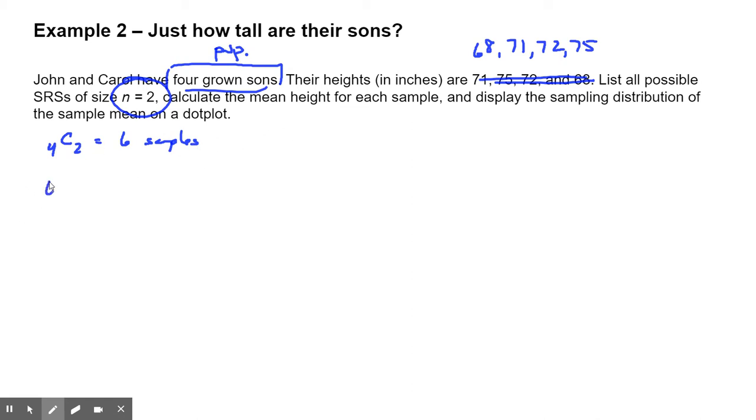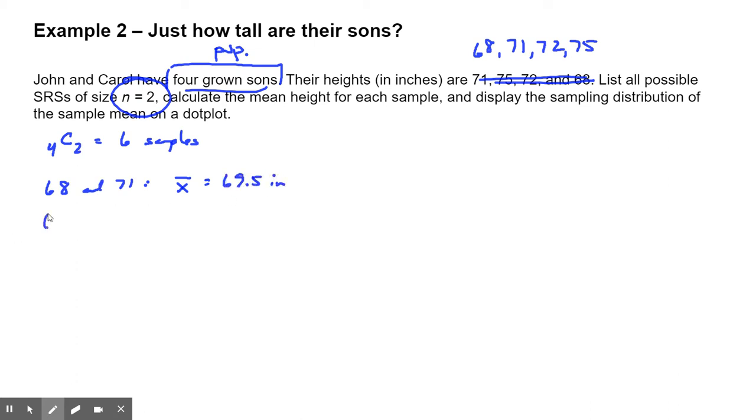So I could do 68 and 71. Okay. So I'll use the word and. So 68 and 71. To find the sample mean X bar, we're going to add them and divide by 2. So 68 plus 71 divided by 2 is 69.5, and that'd be inches.